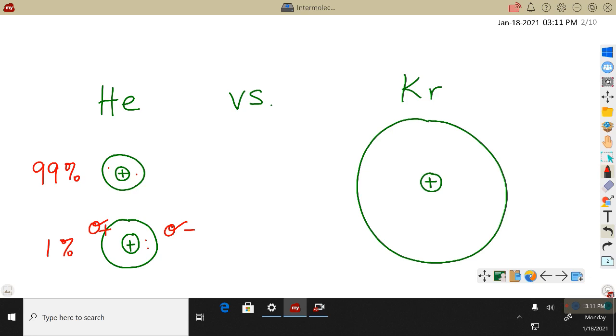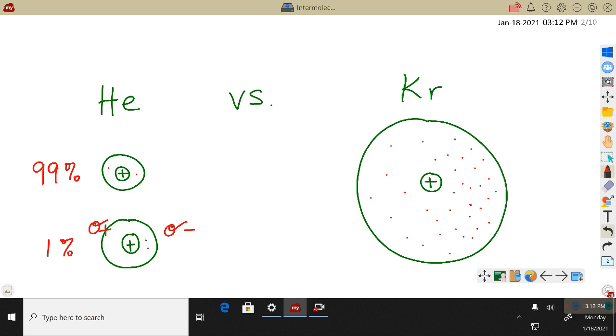Well, now think about krypton. Krypton's got 36 electrons. That's a lot of electrons. And they're moving amongst lots of different orbitals. And so here's what kind of happens over time. Let's say I got 36 electrons.